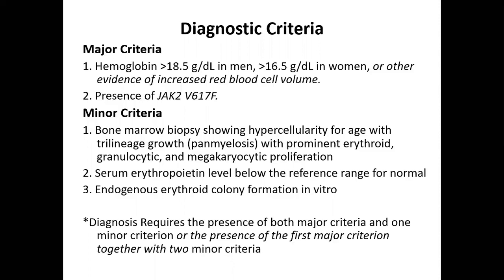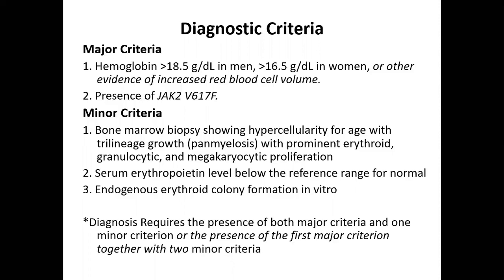The second major criterion is the presence of the JAK2 mutation. The minor criteria include, first, bone marrow biopsy showing hypercellularity for age, with panmyelosis, proliferation of all lines of bone marrow, with a prominent erythroid, granulocytic, and megakaryocytic proliferation.